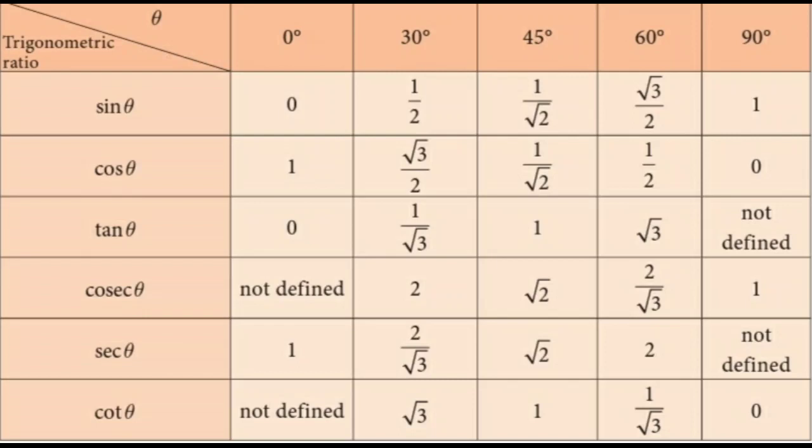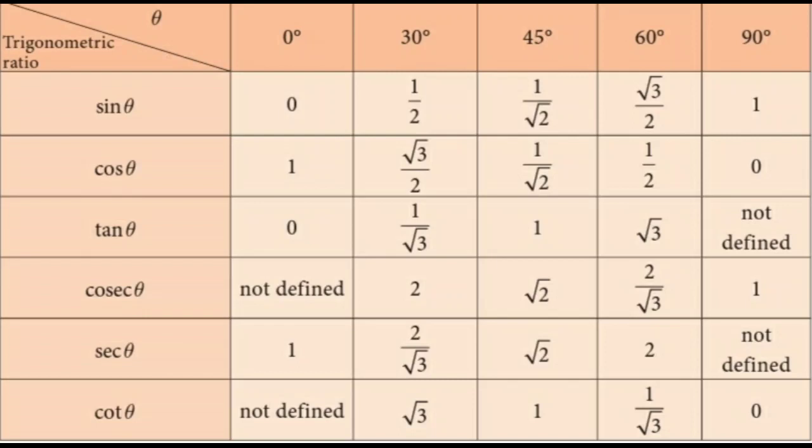We know the concept tan theta is equal to sin theta by cos theta. Then tan 0 is equal to 0/1, which is 0. Then tan 30 degree is equal to 1/2 divided by √3/2. We get 1/√3. Then tan 45 degree is equal to 1/√2 divided by 1/√2.